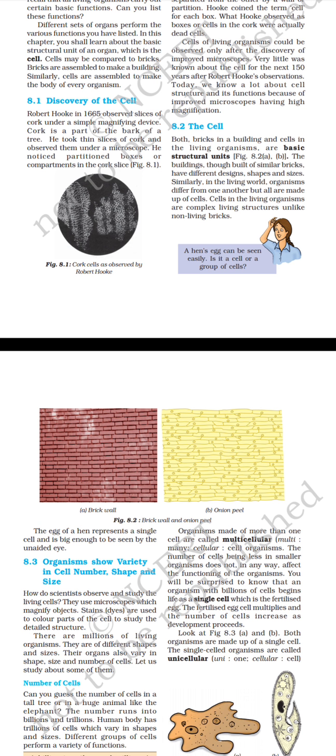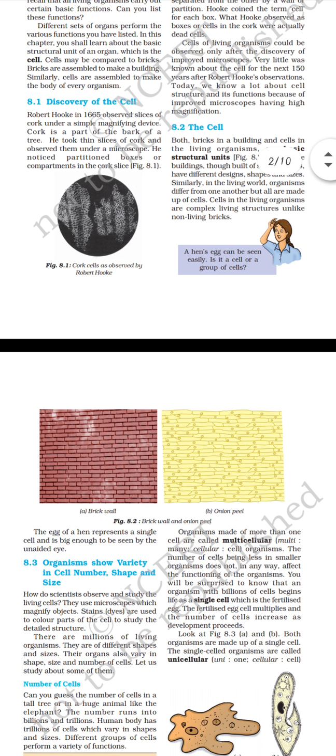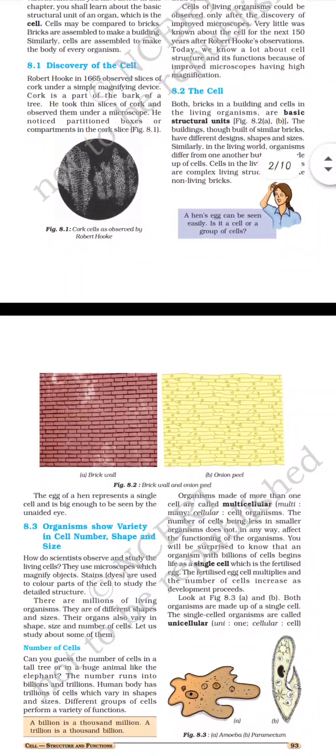The cells of living organisms could be observed only after the discovery of improved microscopes. So, about 150 years after Robert Hooke observed the cell in the cork, we were able to know about the cells of living organisms, due to the improved microscopes having high magnification.